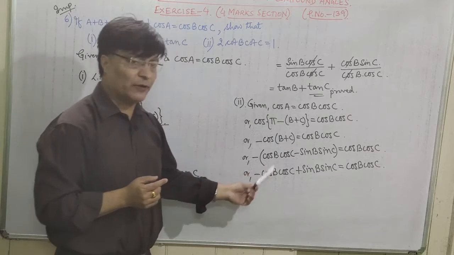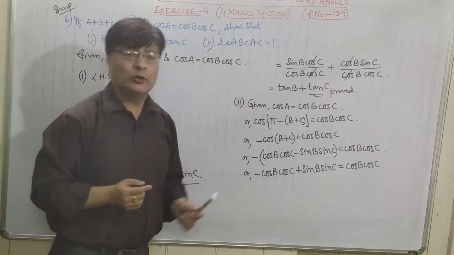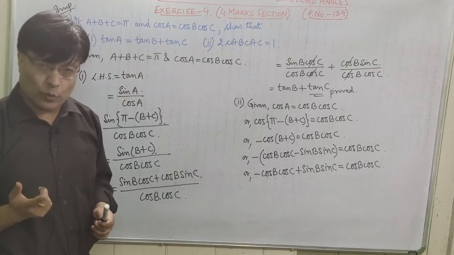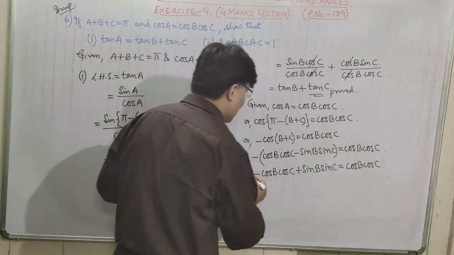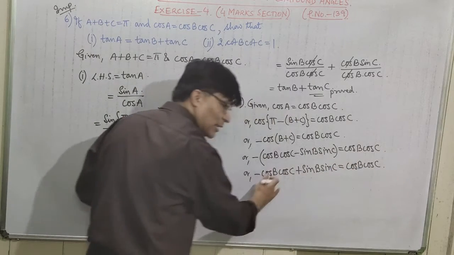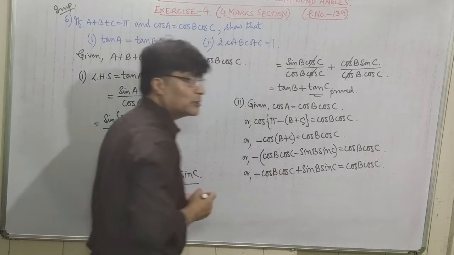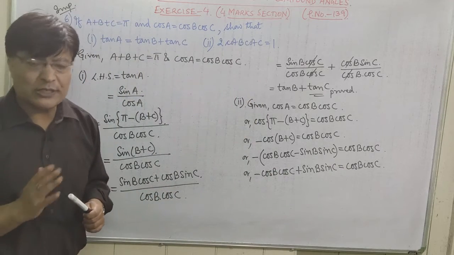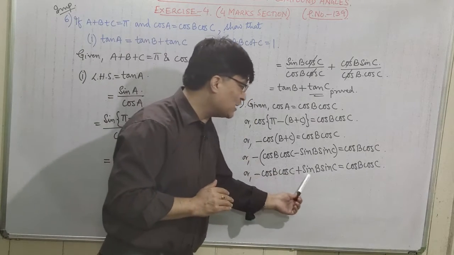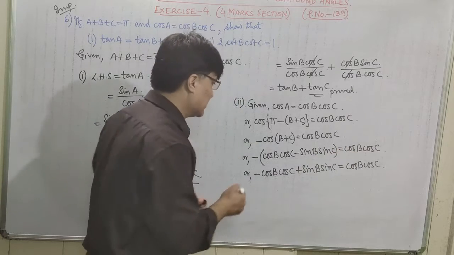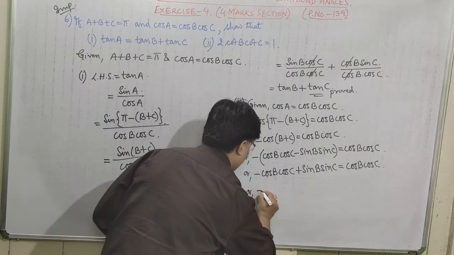Now from this relation, we can prove 2, cot B cot C is equal to 1. So now keep the terms containing cos B cos C on the left hand side and sin B sin C on the right hand side. So what do we get now?